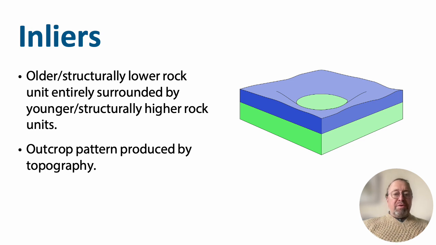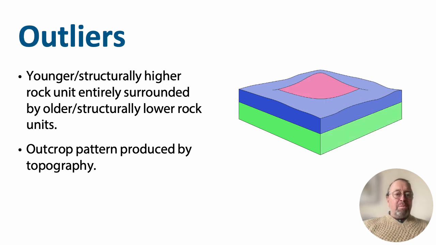And you can probably already guess an outlier is exactly the opposite. This is where we get higher, younger rocks exposed on a high point. Purely, they're just preserved here because of the erosion, and so again on the map what you're going to see is a blob, in this case of this purple stuff surrounded by the blue, and we call this an outlier.